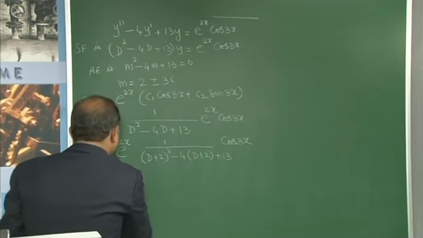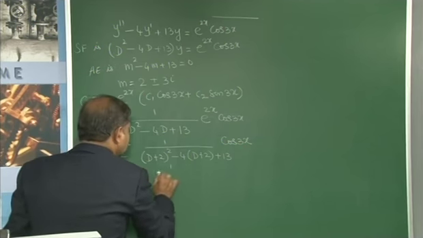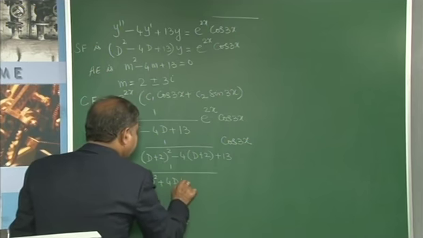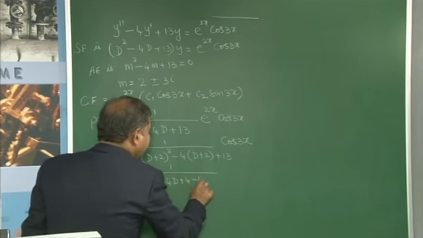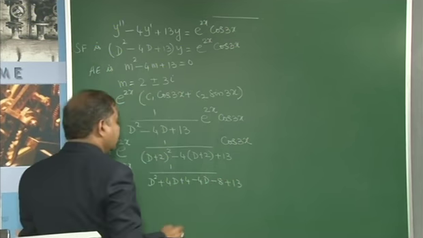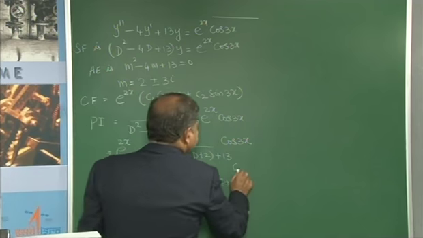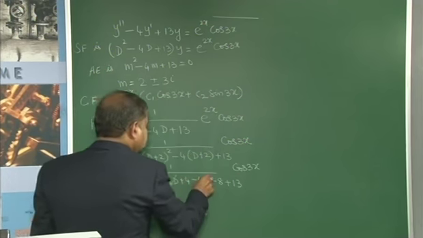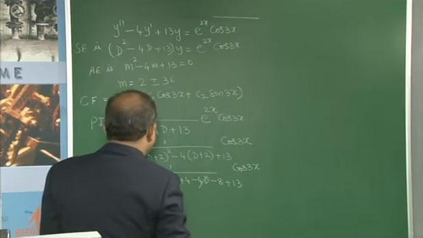Simplify it: e power 2x, D squared plus 4D plus 4 minus 4D minus 8 plus 13 cos 3x. Particularly in this case 4D is getting cancelled.